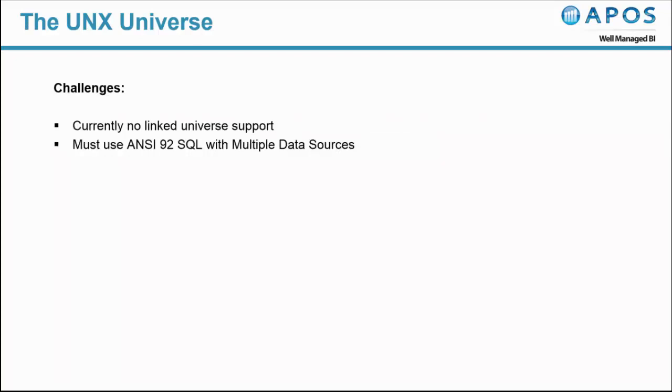There are, of course, some challenges. There are always challenges when we move to a new anything, but of course in the semantic layer there are some challenges, and a couple of those are listed here. First of all, there's currently no support for linked universes. Now, I understand that that is going to be changing in the near future, so keep that in the back of your mind.